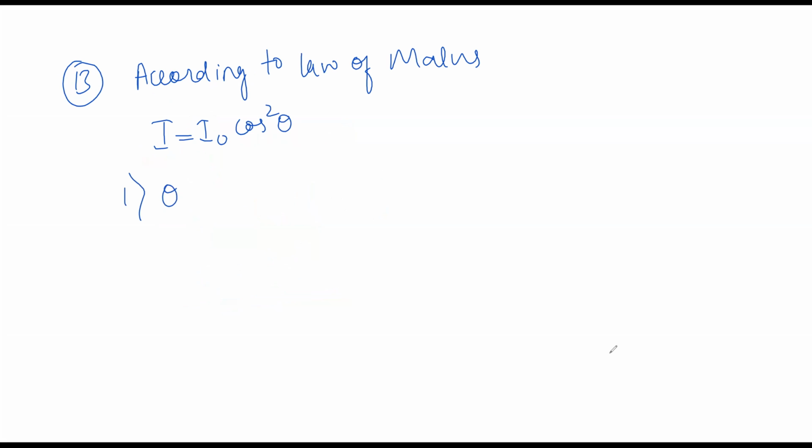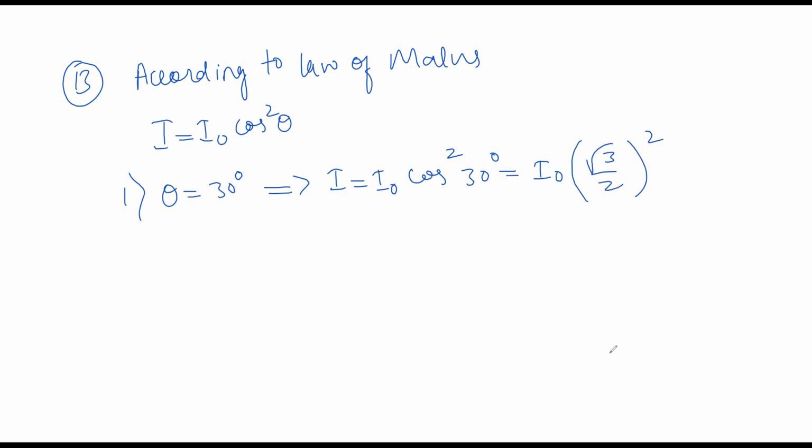So theta is equal to 30 degree, and we just put 30 in place of theta. So I is equal to I naught cos square theta becomes I naught, cos of 30, which is root 3 by 2, whole square. Simplifying this, we get 3/4 into I naught.